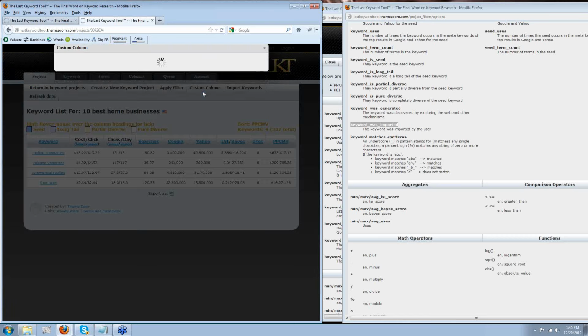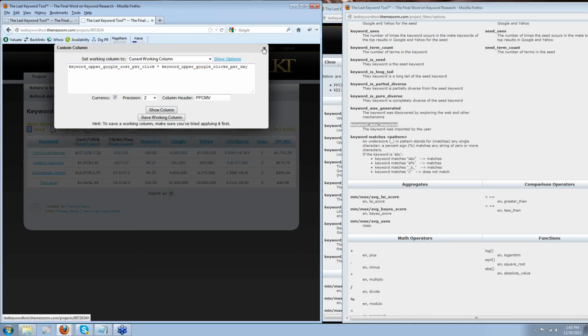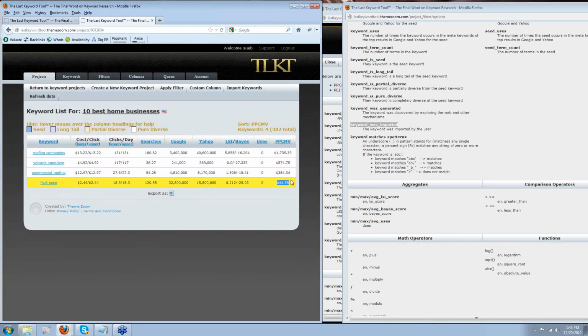So if we come back here to the custom column and you remove the times 365, it's a difference between $44 and $354, which doesn't look nearly as dramatic. It's an interesting thing that I want to point out for a couple of different reasons.